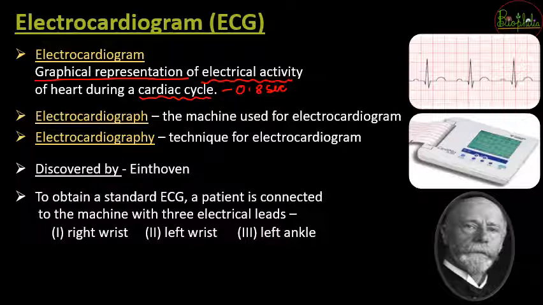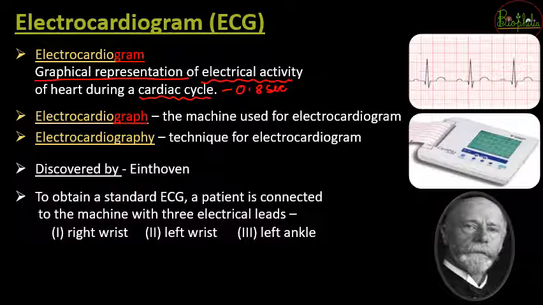But along with ECG, there are two more terms that you can come across. First was electrocardiogram, the graphical representation, and what we are seeing now is electrocardiograph. You need to pay attention to what has been asked.